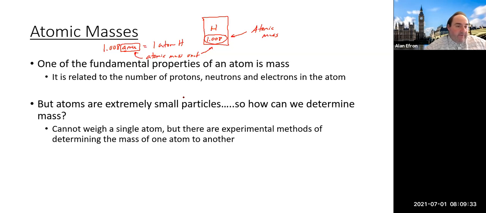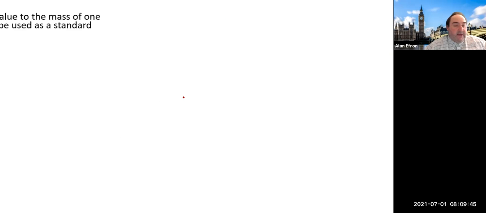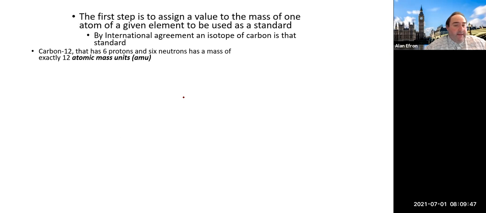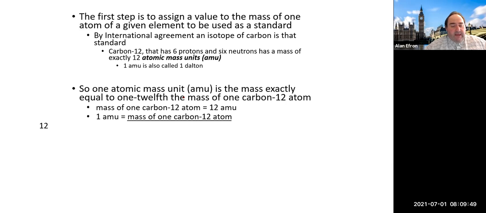They did that for atomic masses, and the standard they chose to figure out the atomic mass of everything else was an isotope of carbon. They used the carbon 12 isotope.